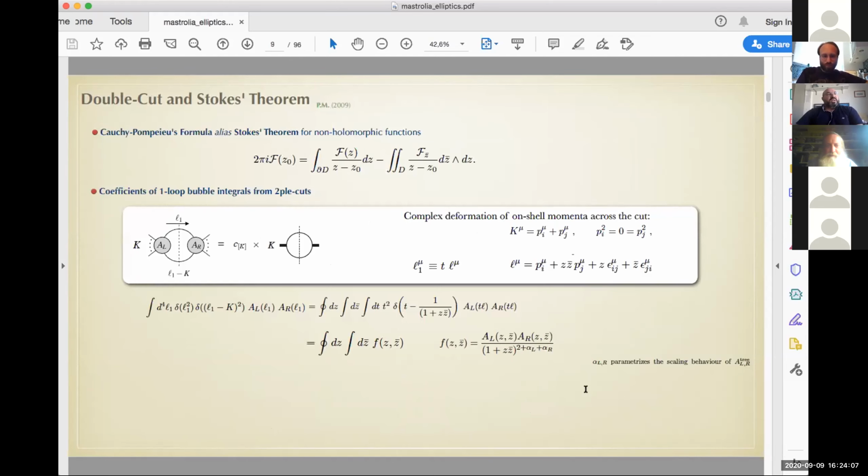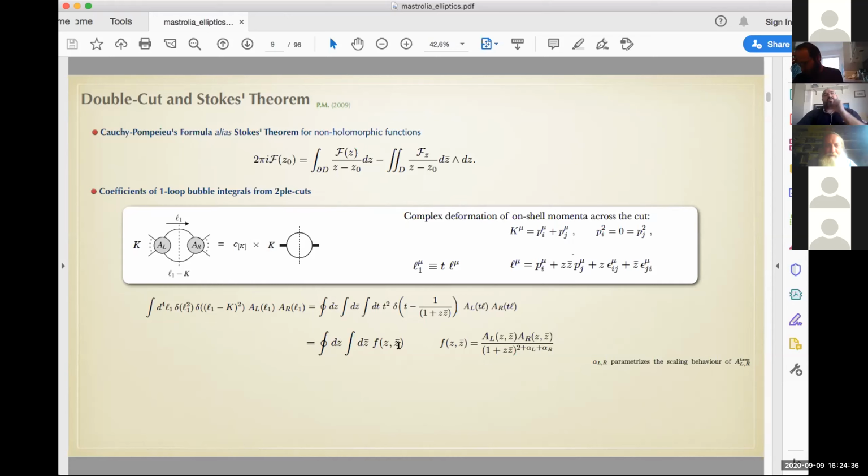In the same spirit, a while ago, I proposed the use of the double cuts and Stokes theorem to extract the coefficient of the bubble. We also had to introduce at that time a complex parameterization of the loop momentum and a special twofold integration, which was carried through by two operations.